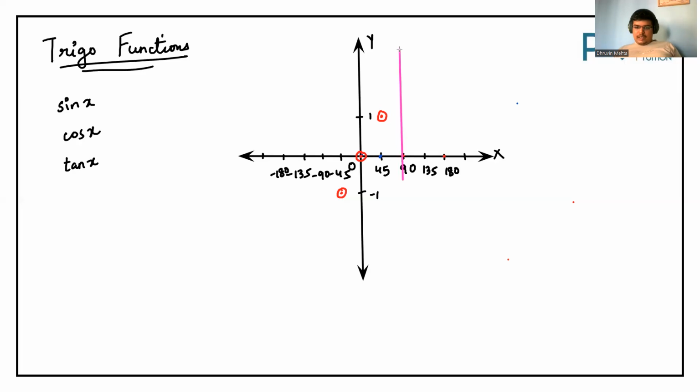So at 90 degrees, I am making a straight line parallel to the y-axis. And I'll make a similar line at 180, at minus 90, and at minus 180.